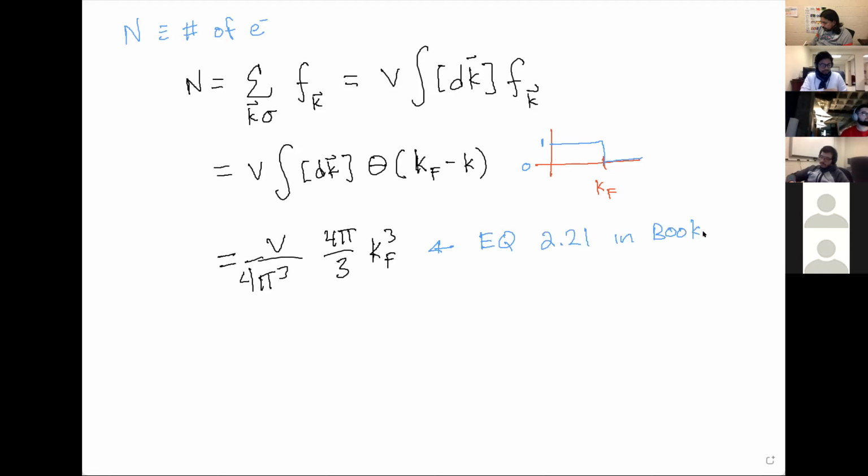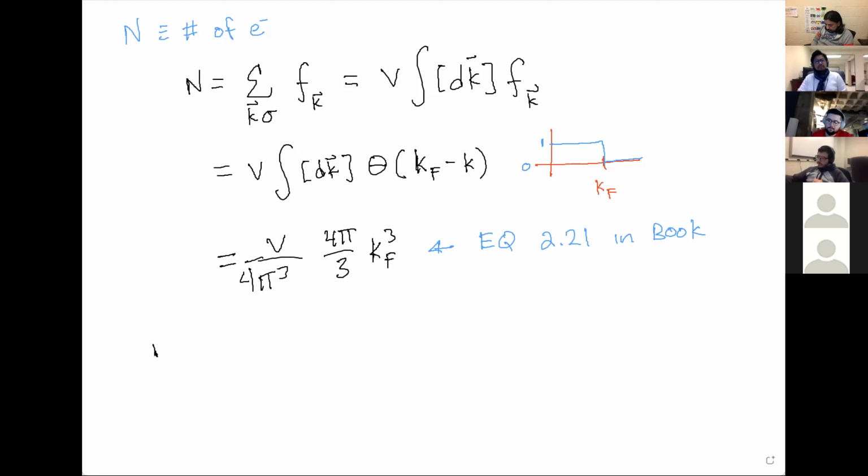This one doesn't have a typo in the book, but it's the same idea. So what we're talking about here is how many electrons are in your system, and you're just counting all the way to the Fermi surface.